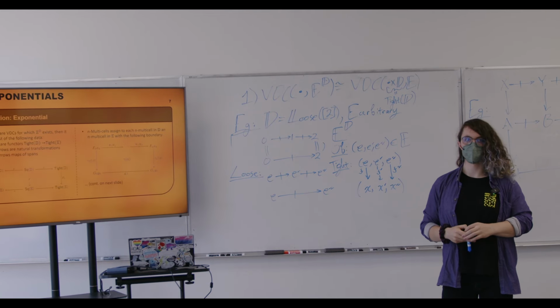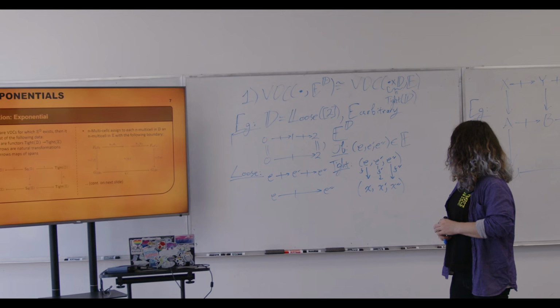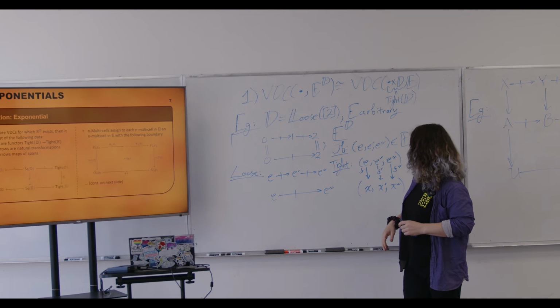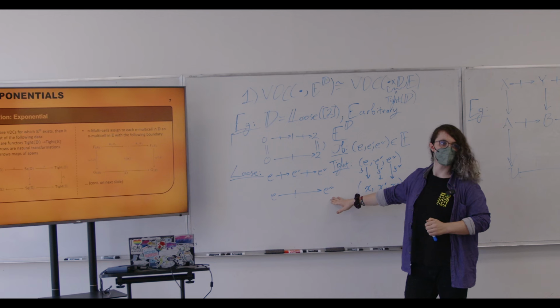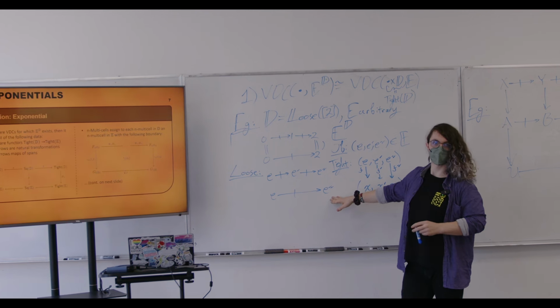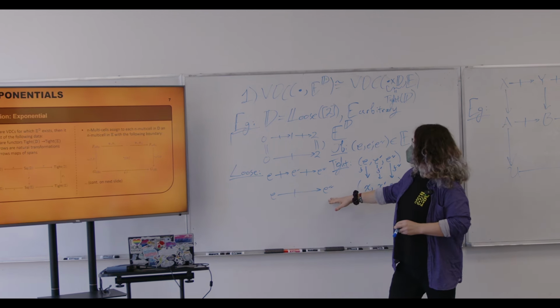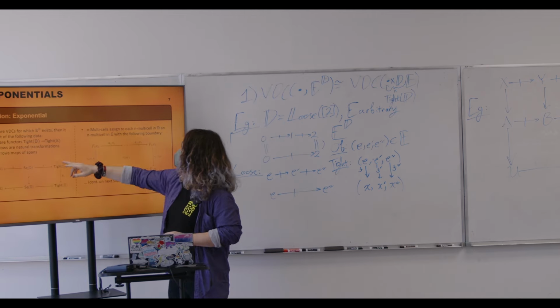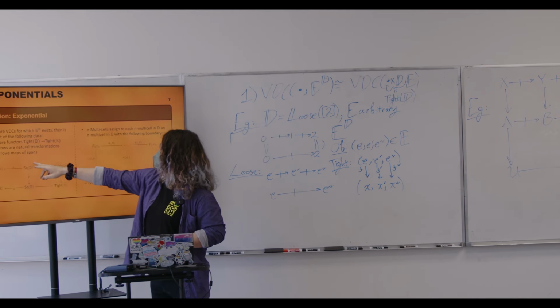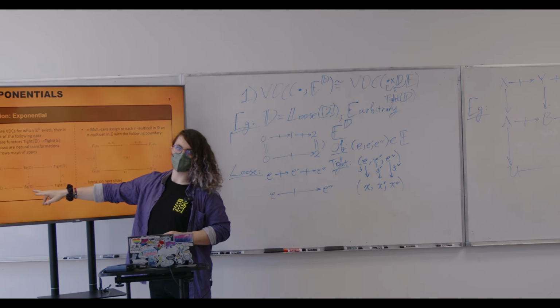Sorry, that's a loose arrow between E and itself? Sorry, which part? A loose arrow goes between 2 objects. So I'm saying a loose arrow in here is going to be a map of spans like this.